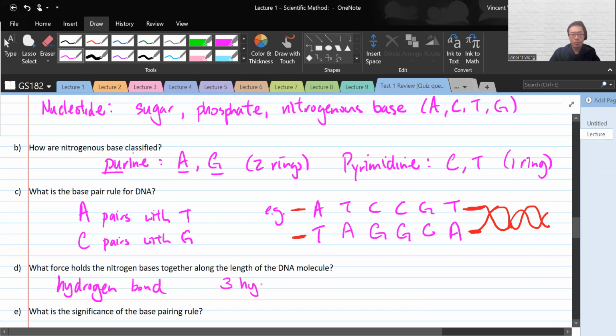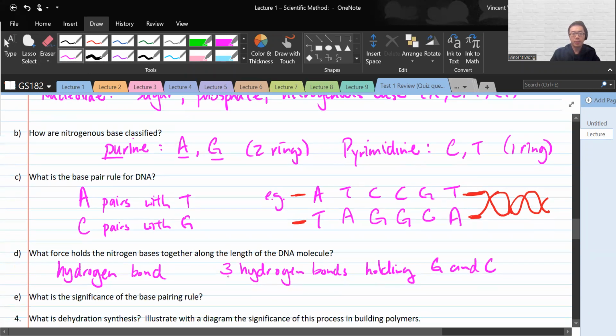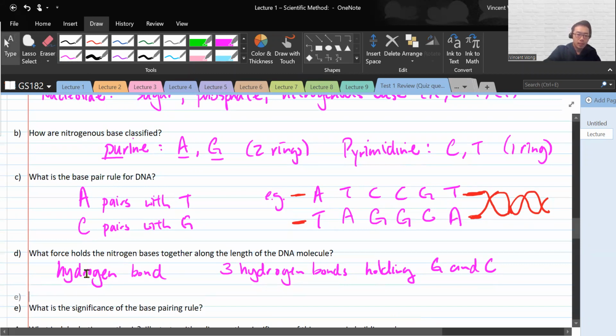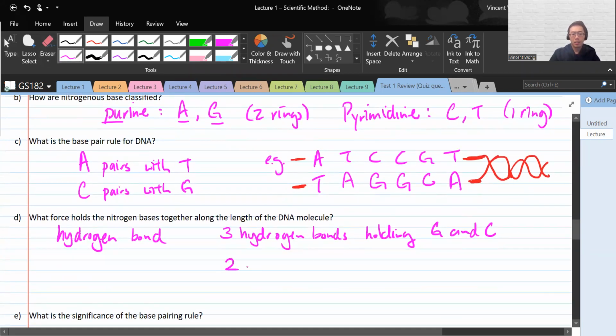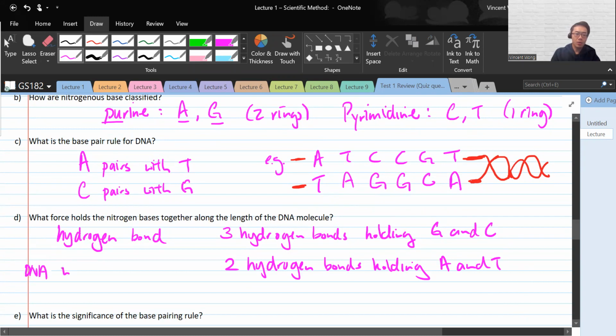There are 3 hydrogen bonds holding G and C together, and then 2 hydrogen bonds holding A and T together, which means DNA with a high percentage of C and G is harder to pull apart.